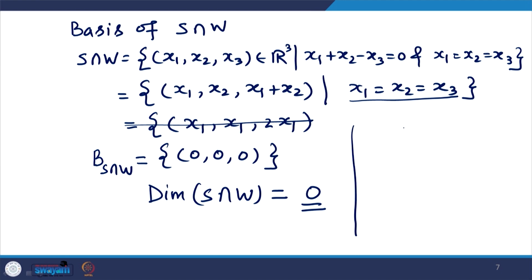So, there is no element in the basis, hence dimension of S intersection W is 0. So, this is the way for finding the basis and then dimension of a vector space.